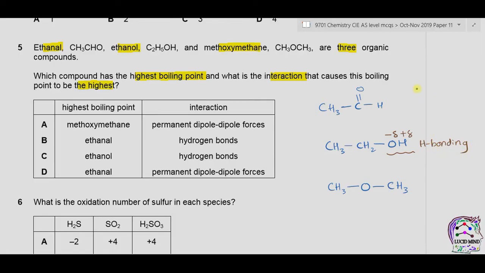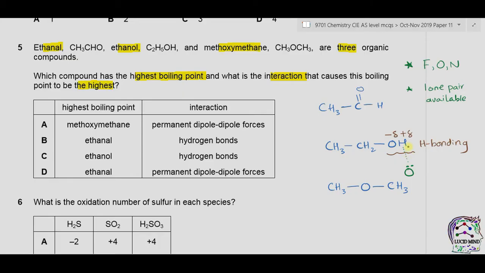For hydrogen bonding, 2 points must be fulfilled. First one is that the hydrogen is directly bonded with fluorine, oxygen or nitrogen in one of the molecules, and in the second molecule there must be a lone pair available. We can see that in another alcohol molecule, again, oxygen is present and there is a lone pair on the oxygen atom.